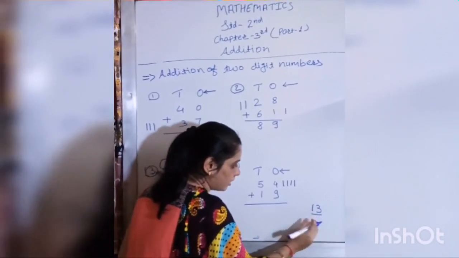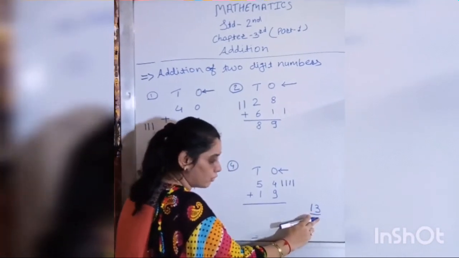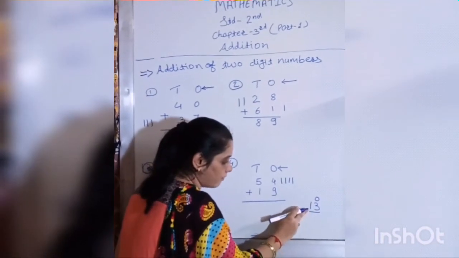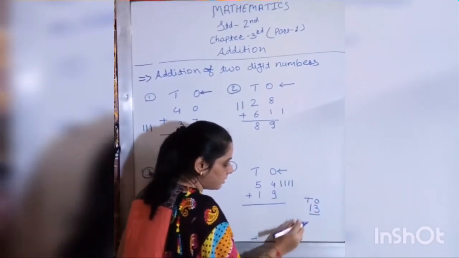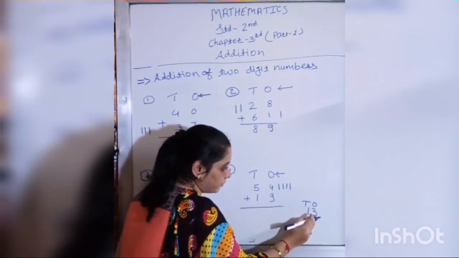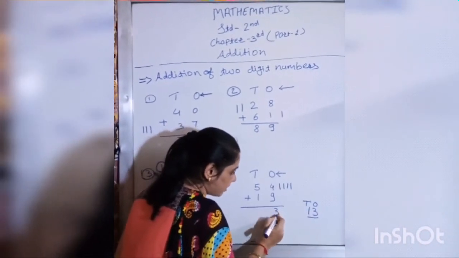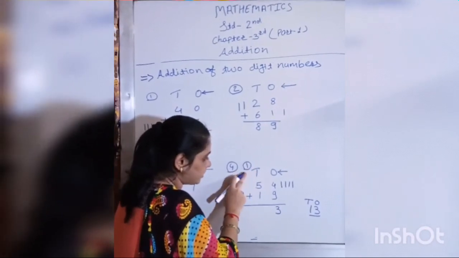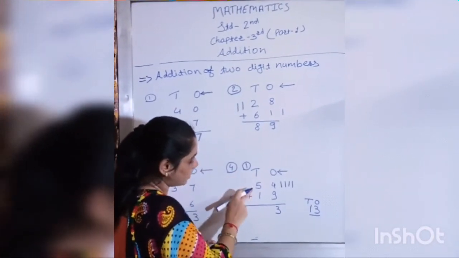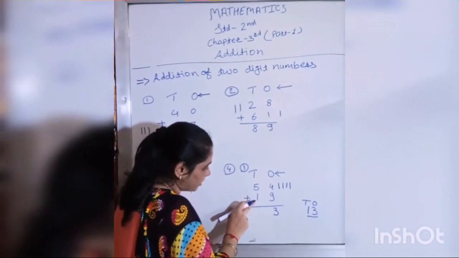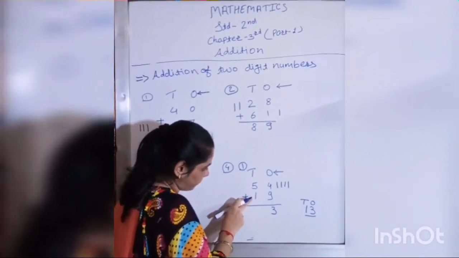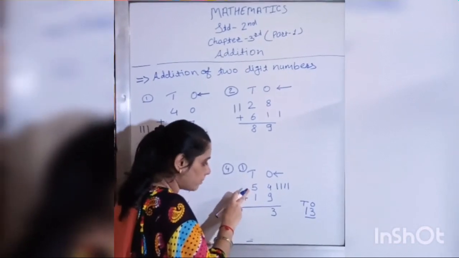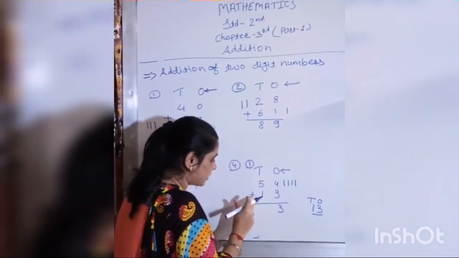Again we can see here the answer is of 2 digits. 3 is at ones place and 1 is at tens place. Write 3 on the ones place and this 1 over the tens place as a carry. Now add the numbers on the tens place. The numbers are 5 and 1. The big number is 5 and the next number is 1.